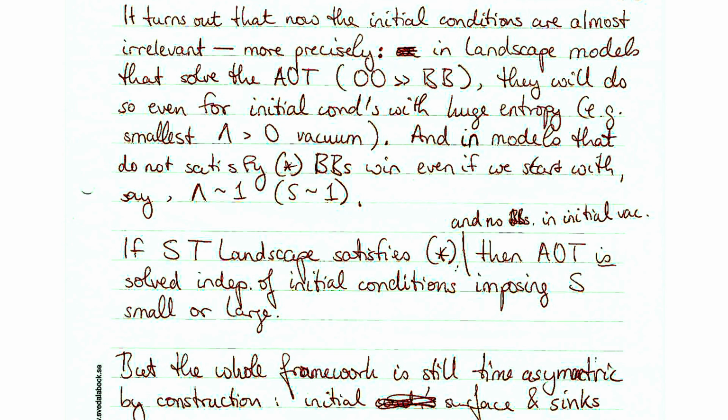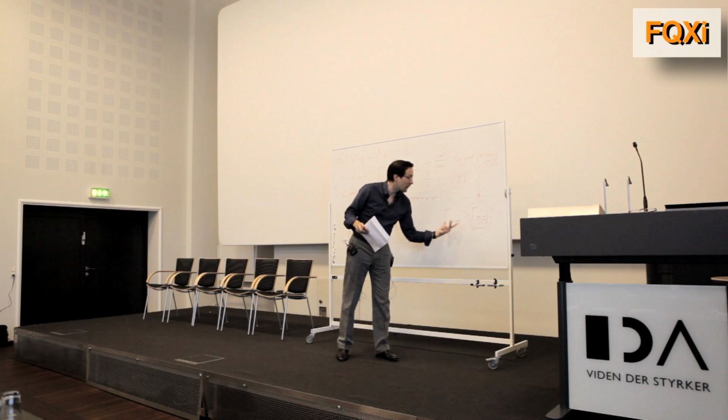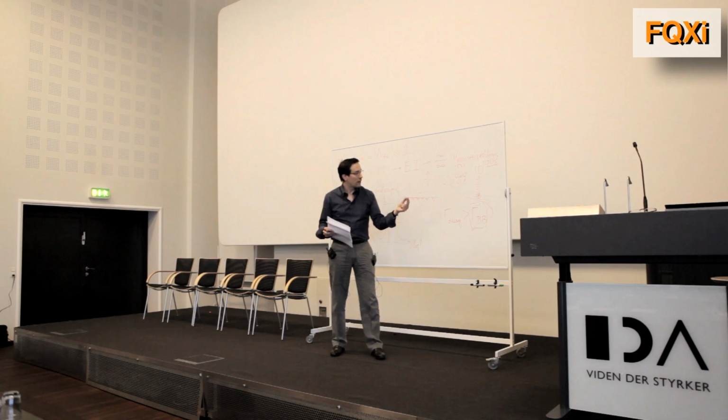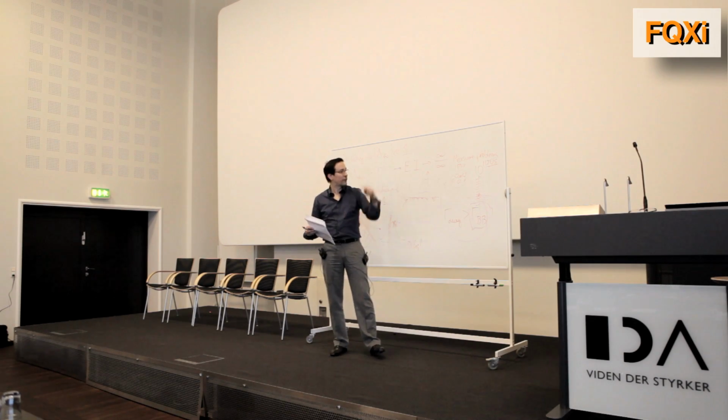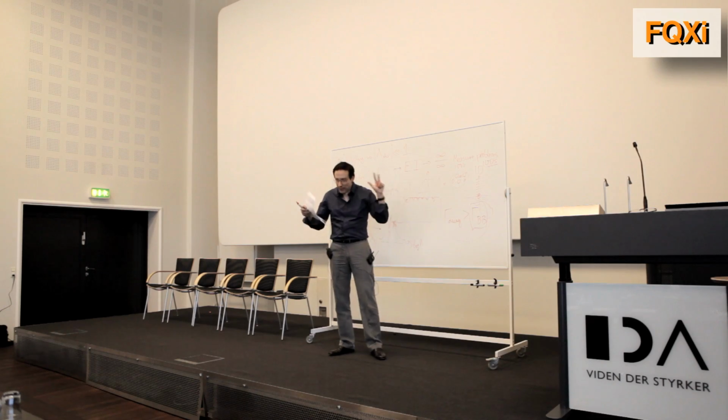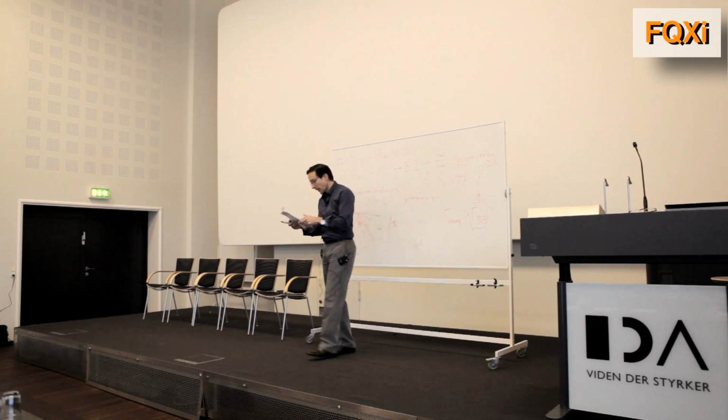What I want to stress here is not that we've solved all problems, but that the nature of the problem becomes completely different. I wish I had time to explain to you how these two statements arise, but I don't. But again, it doesn't matter what the entropy is that you start the universe with. On the other hand, it does matter that this be true for all the vacua. So it's a completely different condition.